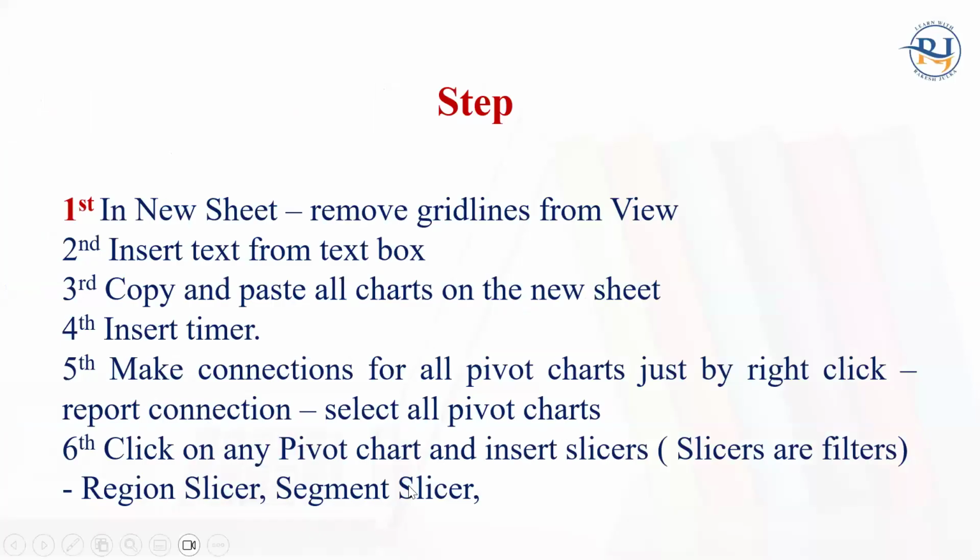What kind of slicer do I want? Look at this. We have different slicers. So the slicers that we want are the region slicer and the segment slicer. So two slicers we want: region and segment. But before this, make a connection for all the pivot charts, just by right click and report connection, select all pivot charts.